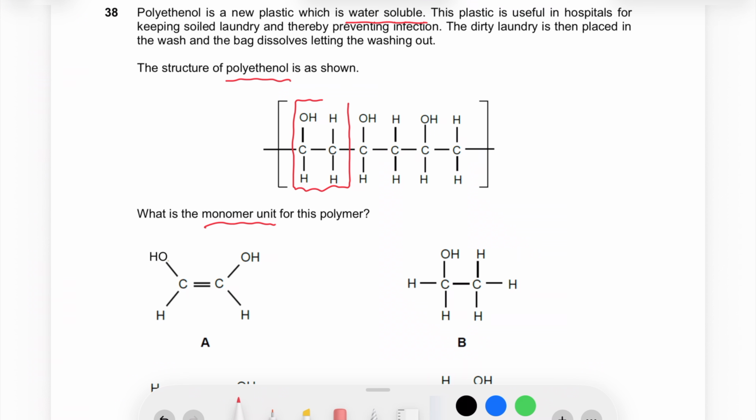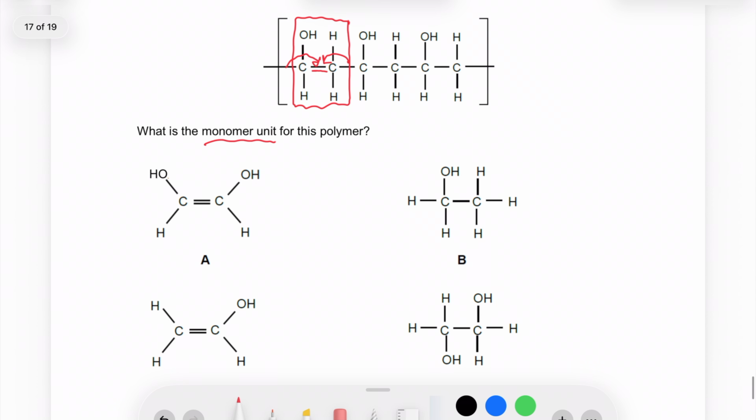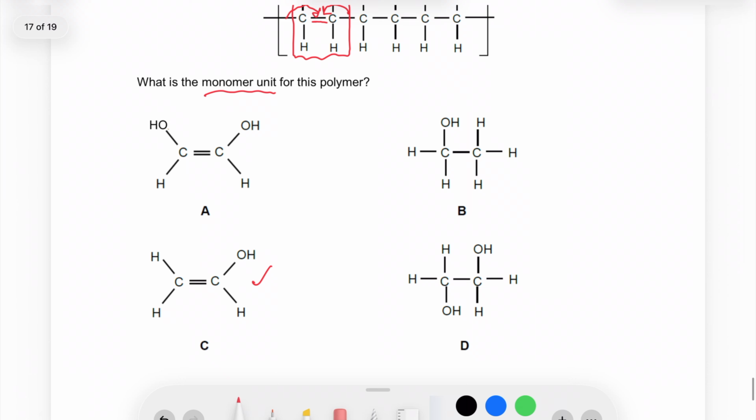So this is the one that you start to repeat again and again. Okay, so you can close back to form your double bond. So answer should be, yeah, this is the one. Okay, C. You need to have a double bond. This is an addition polymer. So you need to have your double bond here.